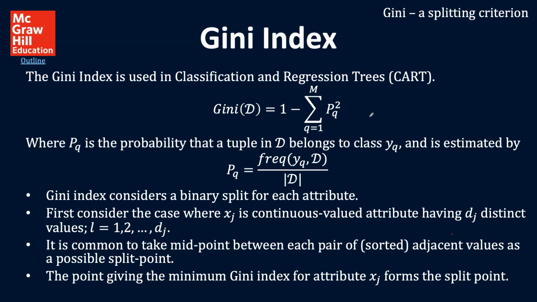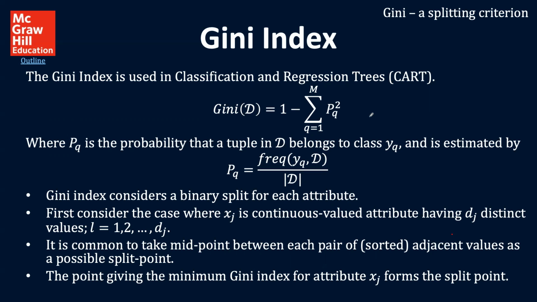So the Gini index considers a binary split for each attribute. It first considers a case where x_j is a continuous valued attribute having d_j distinct values. It is common to take the midpoint between each pair of the sorted adjacent values as a possible split point.